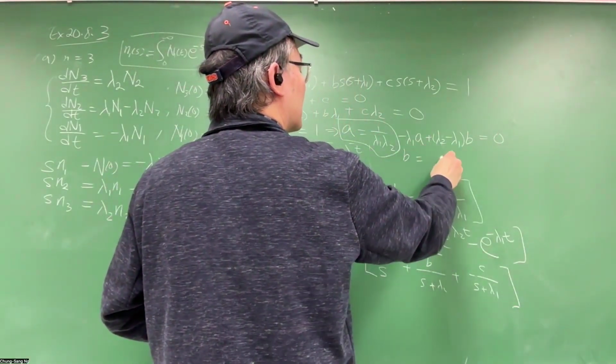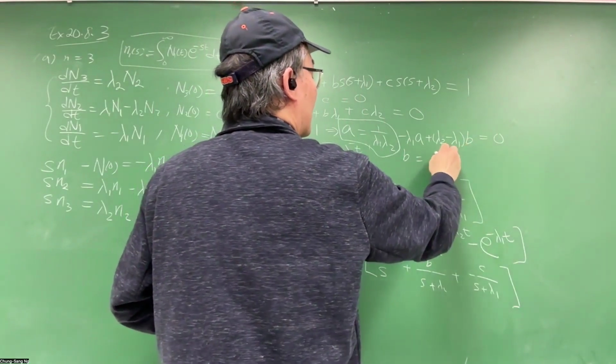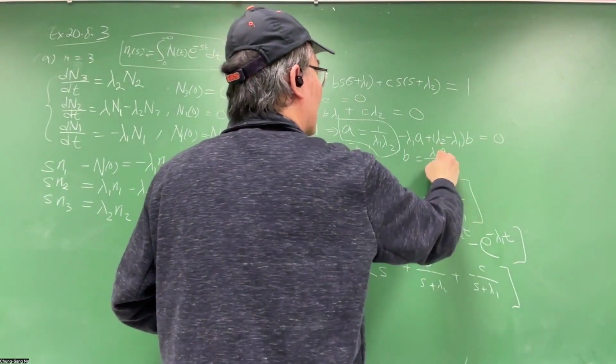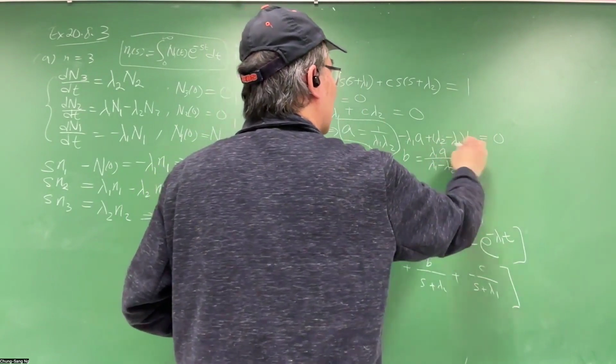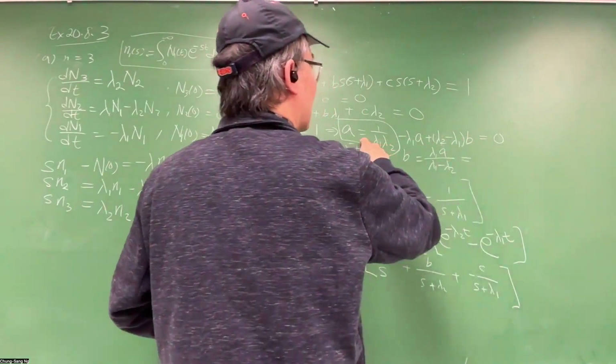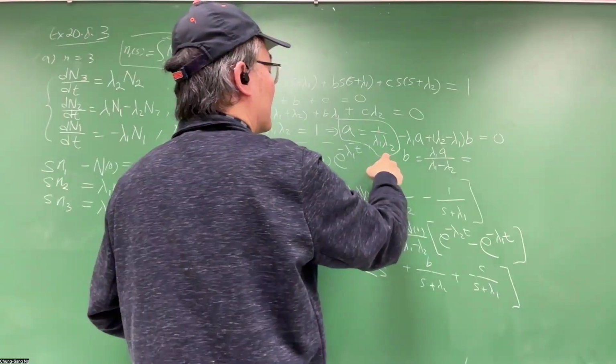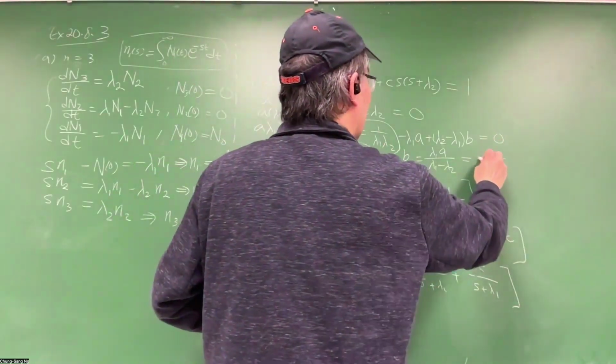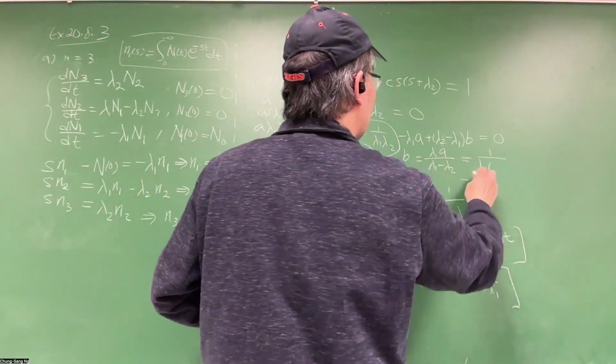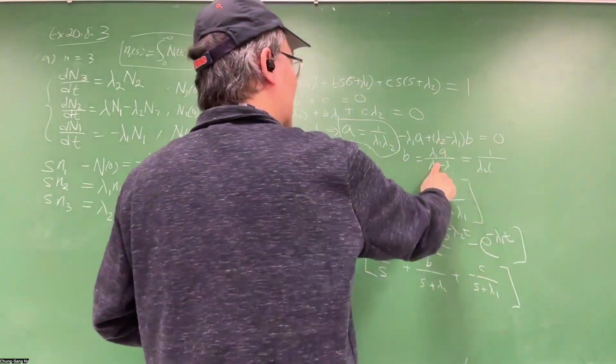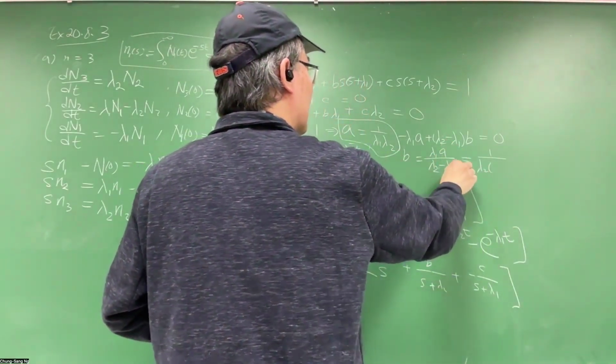B is A lambda 1 A lambda 2, which we already have, divided by lambda 2.